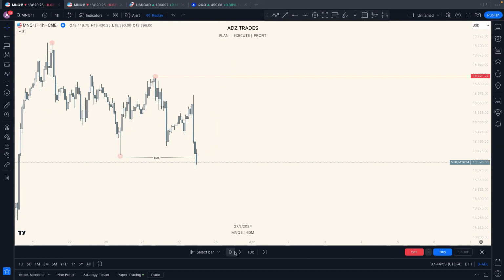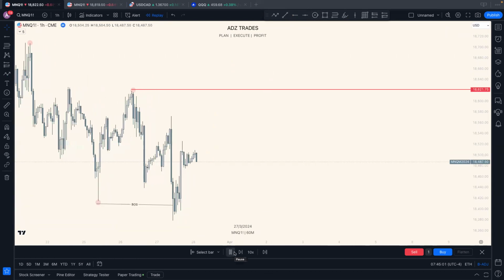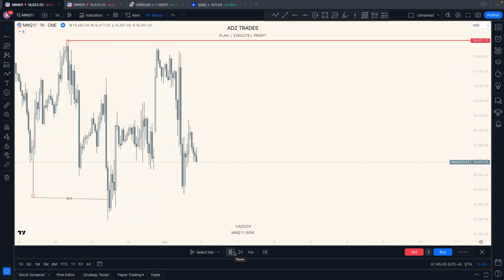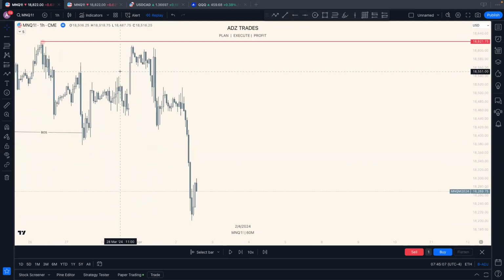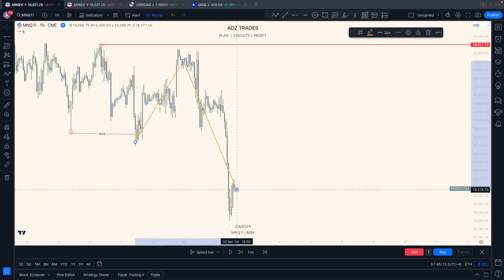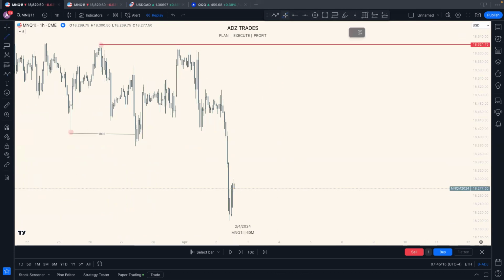So let's see what we get. See, all this was just a pullback, continuation. It was not a market reversal because we never broke above our protected high.